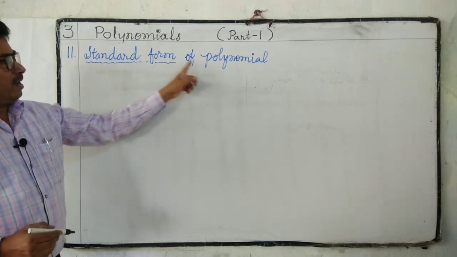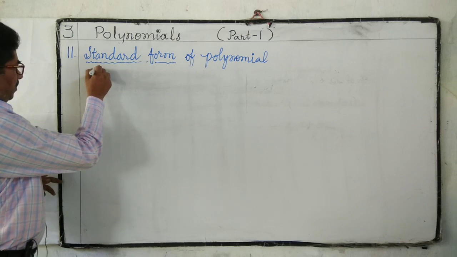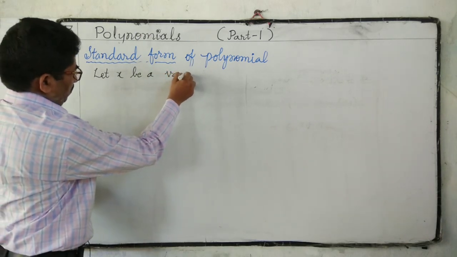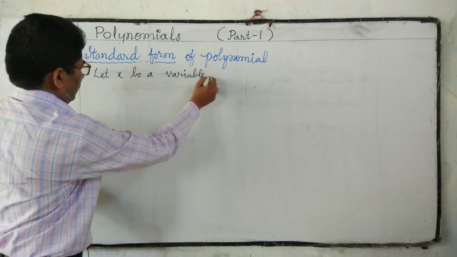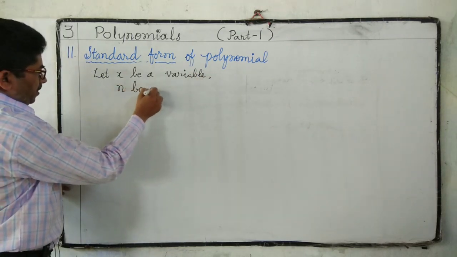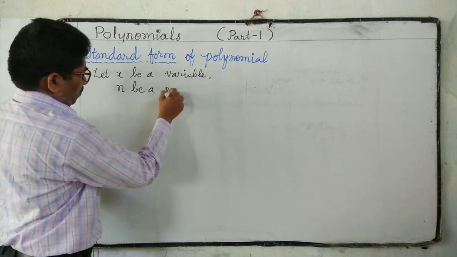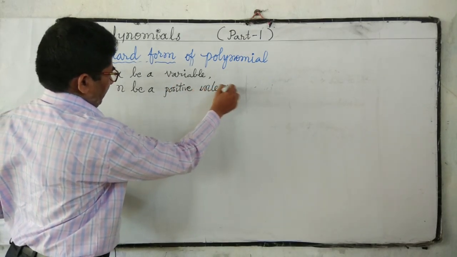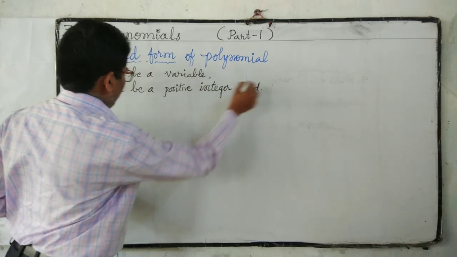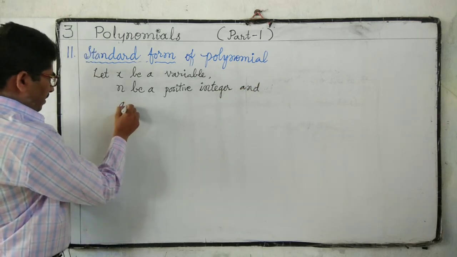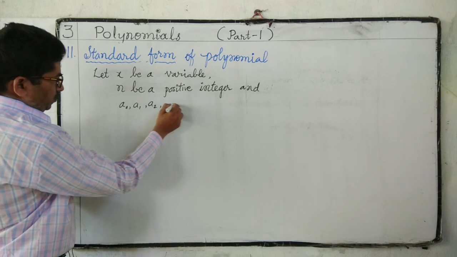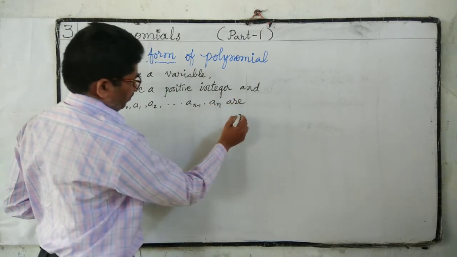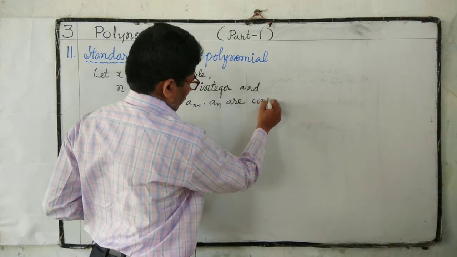Now, standard form of polynomial. Let x be a variable, n be a positive integer, and a0, a1, a2 and so on, a n minus 1, a n are constants.